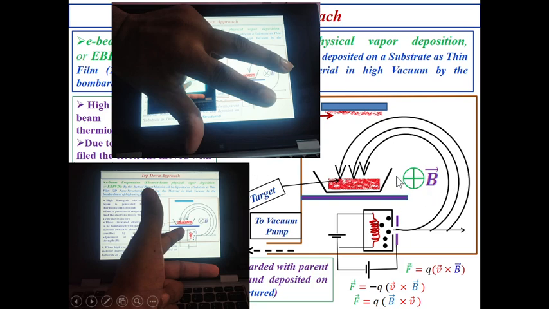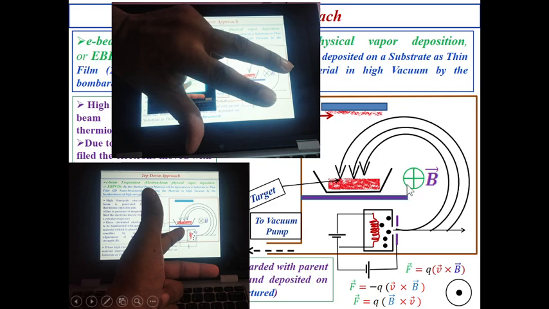But here, mistakenly, I said that the outward direction will be the positive sign, but actually the outward direction of the magnetic field is represented by a dot enclosed by a circle. The inward direction of the magnetic field is represented by a cross. In that lecture I corrected how it will be outward, but mistakenly I gave the symbol wrongly as a positive sign.